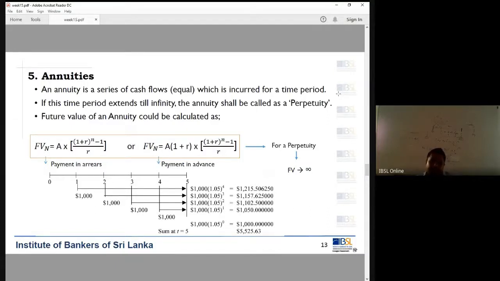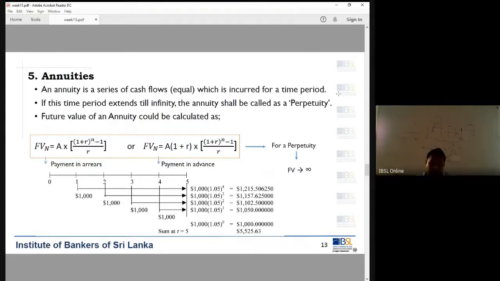It's a financial term that we define. But provided this time period is infinite, then this term annuity we can reword as perpetuity. It suggests that the cash flow does not have an end. It's very rare to find these kinds of cash flows, but in certain areas such as insurance and leasing, you may find them, though not very common in practice.